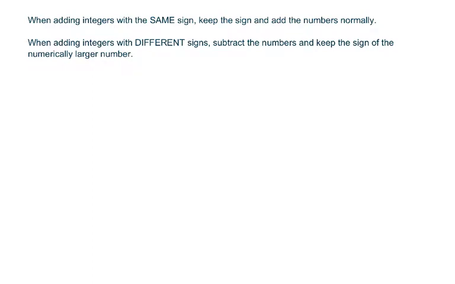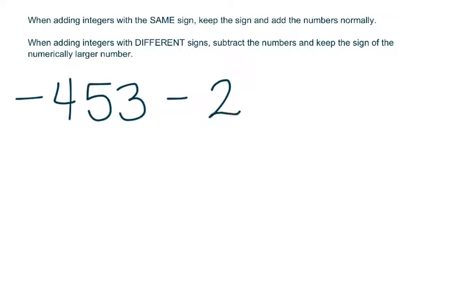Let's look at number 5. Number 5 says negative 453 minus 23. All right, so we're going to change our subtraction sign to an addition sign. This number here, 23, didn't have a sign, but when it doesn't have one written, it's understood to be positive. So now it's become negative.